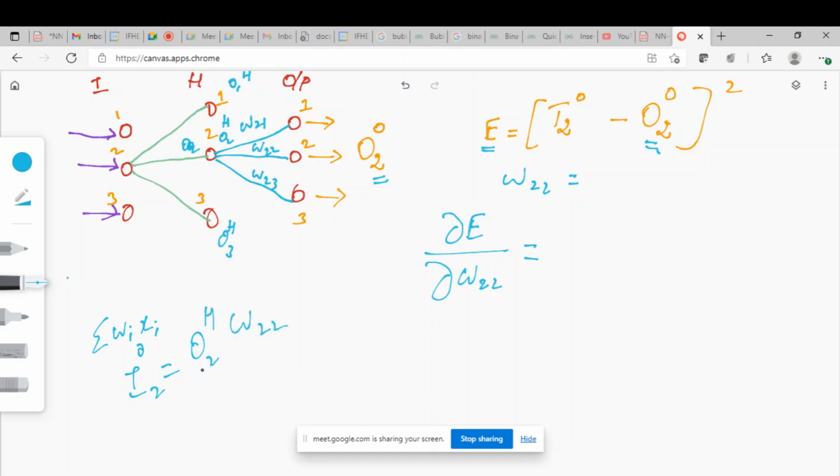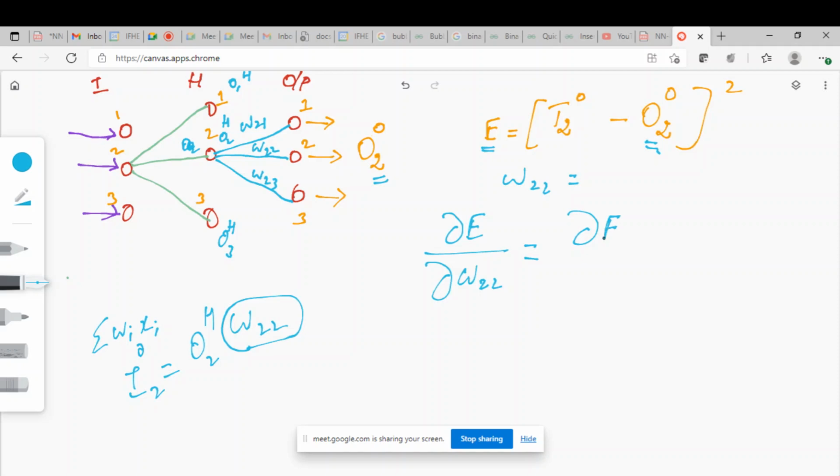Again, this input is a function of the weight. So here itself there are three levels of differentiation, and that is the chain rule. You cannot differentiate the error directly with respect to this weight, so it should be written like this.